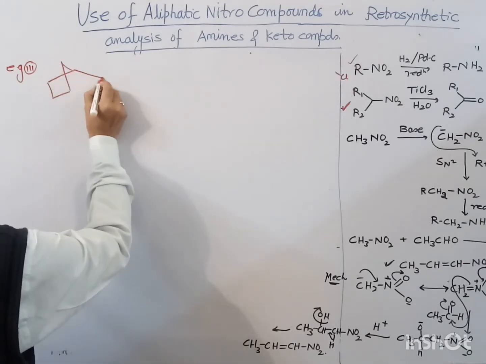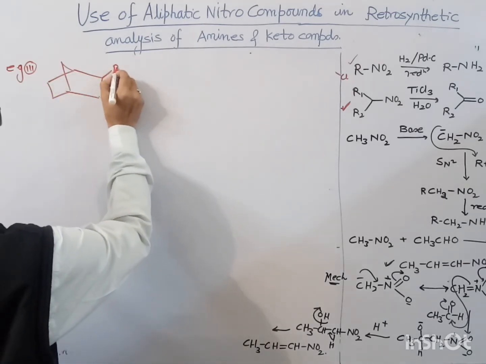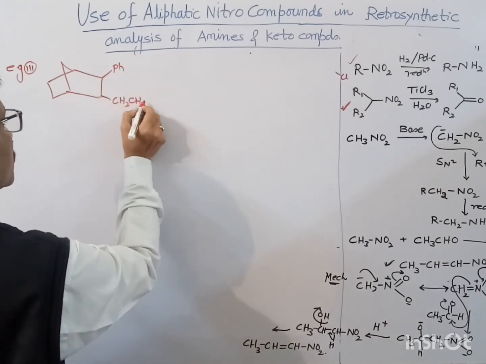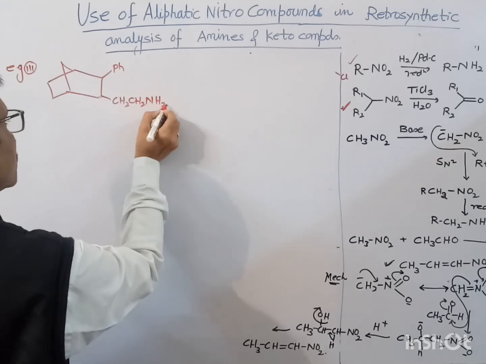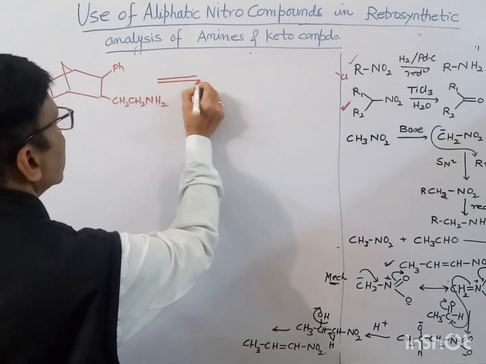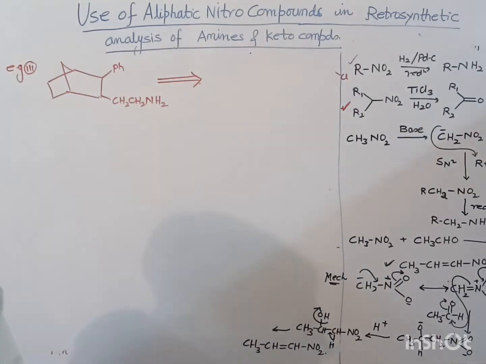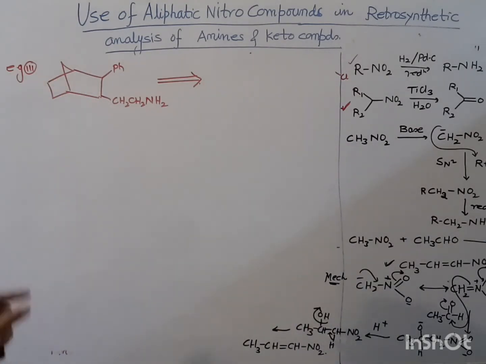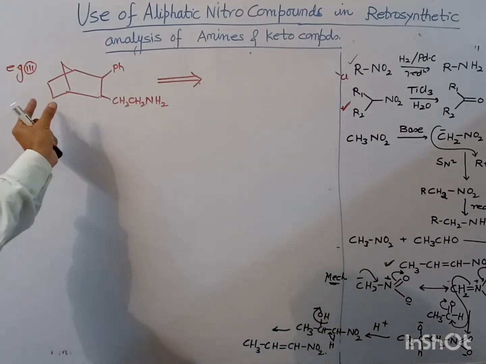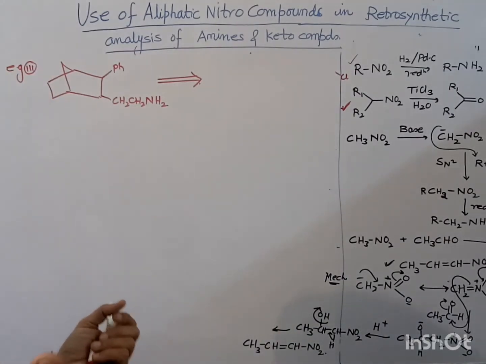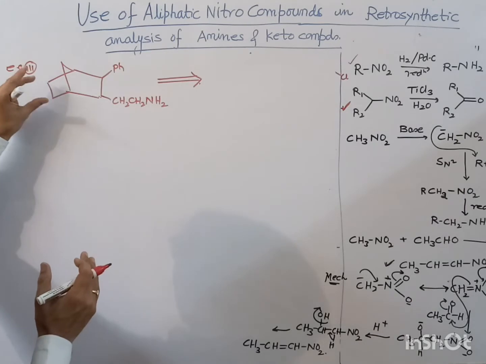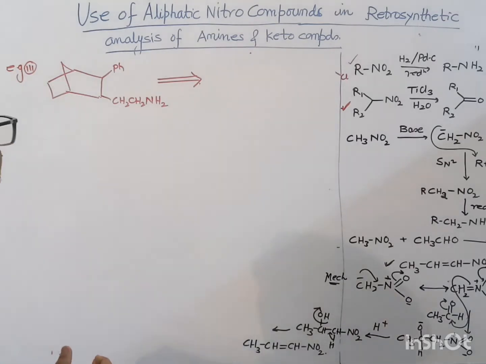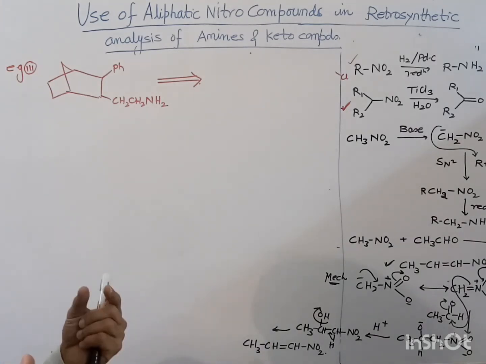Now suppose you have this one, and you have to write the retrosynthetic analysis of this. Now this is a 6-membered ring, and first of all, if we want to disconnect it, it can be converted into the alkene molecule, so that the further disconnection gives you the diene and dienophile.